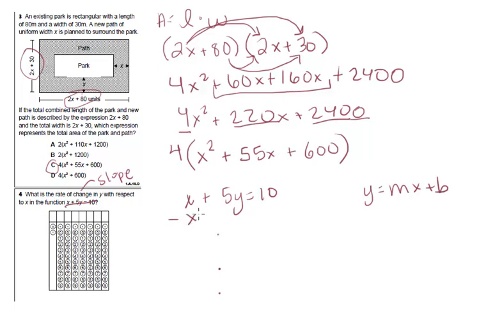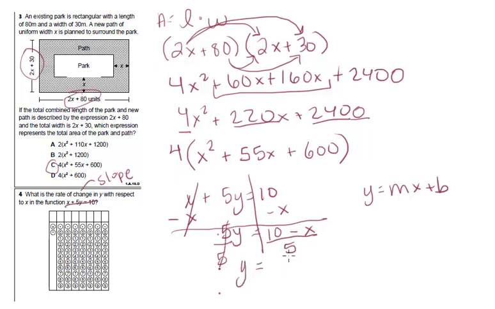So I need to get y by itself. So I'm going to subtract the x from both sides. That way this cancels on the left, and I'm left with 10 minus x. Then I can divide both sides by 5 so that I have y by itself.